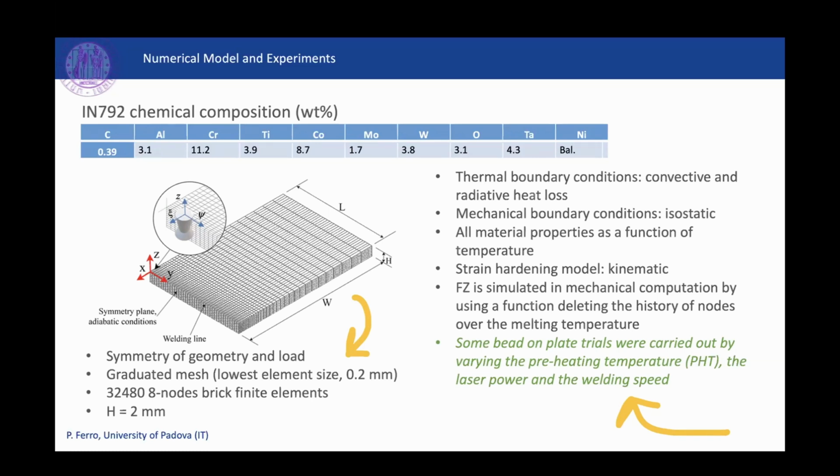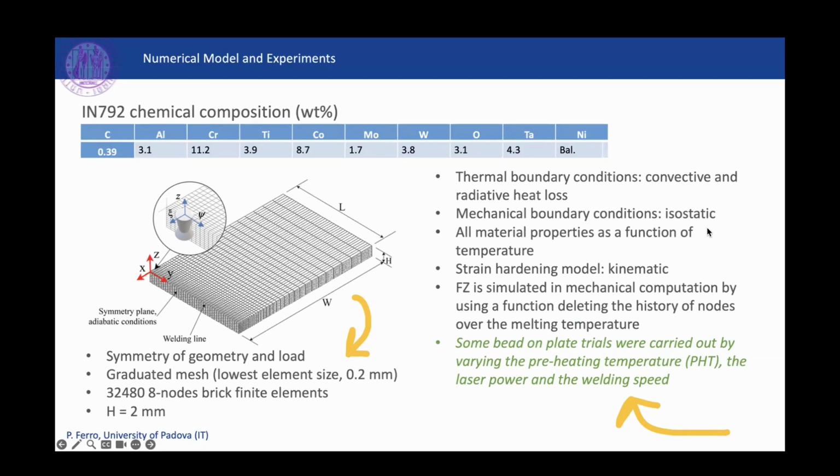The mesh, as always, is graduated and finer close to the welding line in order to capture the high thermal gradients that arise during laser welding. The thickness is 2 millimeters, as in the experiment. And we applied the standard boundary conditions for the simulation, in particular thermal boundary conditions, convective and radiative heat loss.